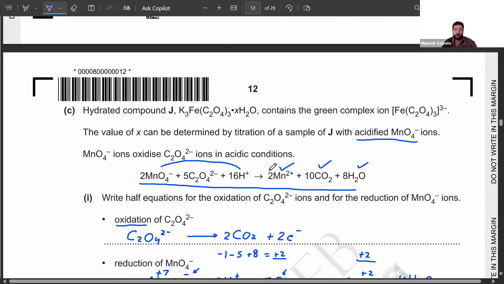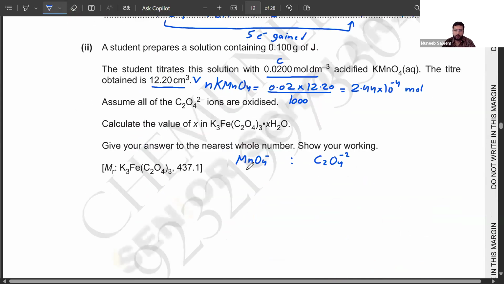So we have 2 to 5 over here. Now the value of potassium manganate is already calculated, which is 2.44 times 10 to the power minus 4. And the value of ethanedioate is to be calculated, which is now X. So when you do the cross multiplication, X will be equal to 2.44 times 10 to the power minus 4 times 5 divided by 2.